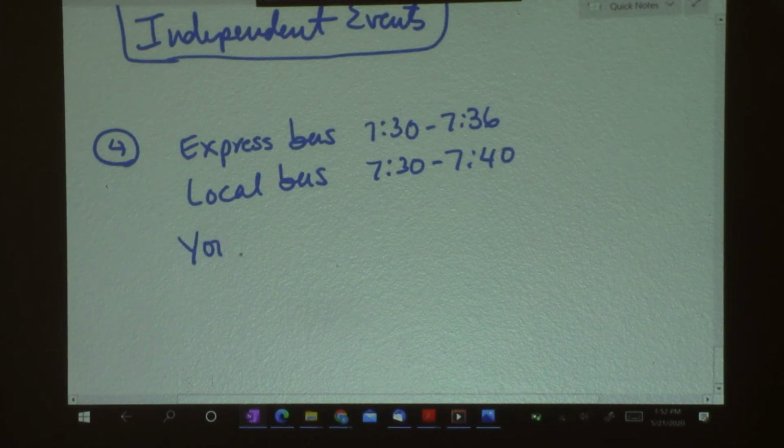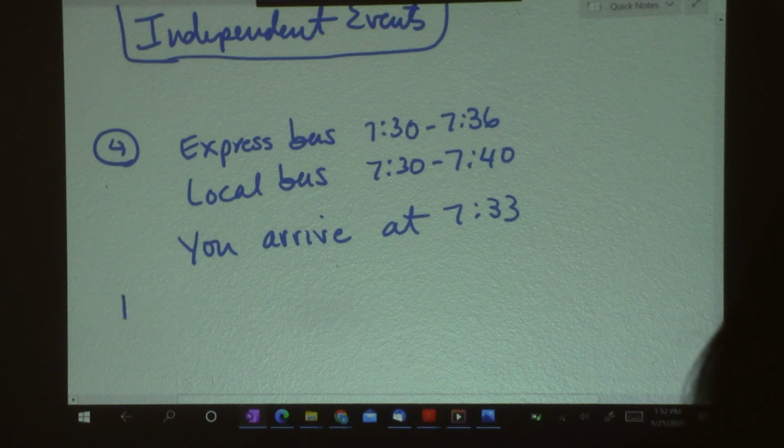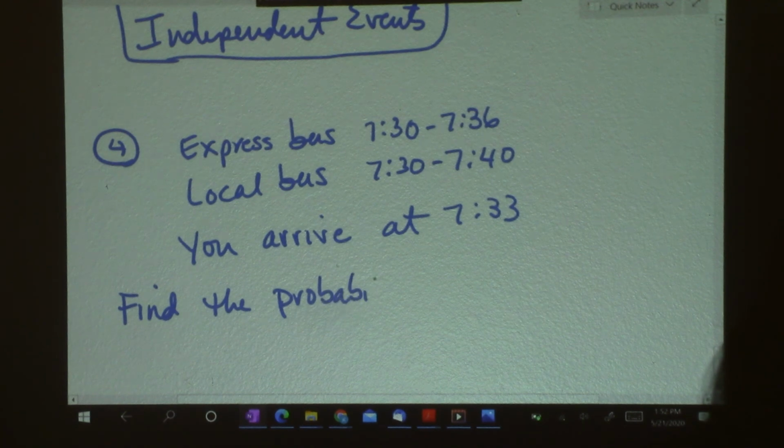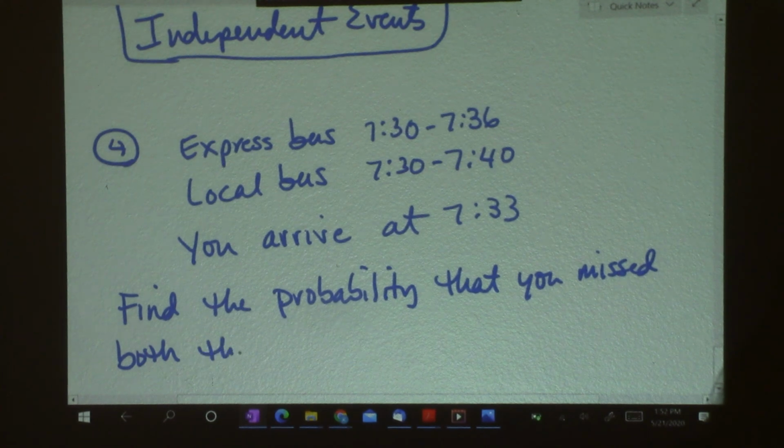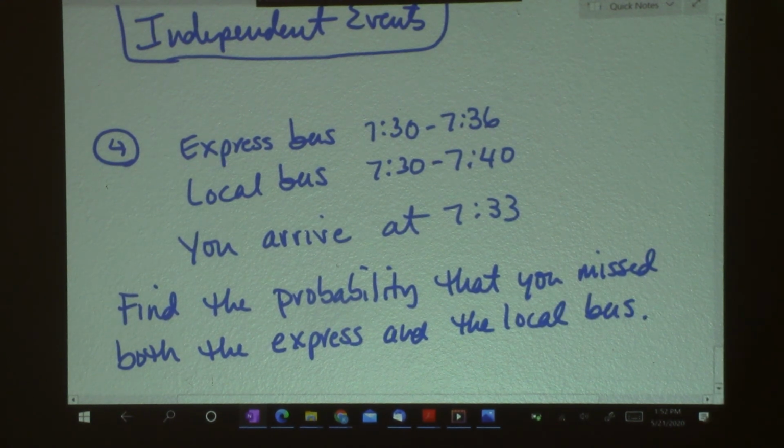You arrive to take the bus at 7:33. Find the probability that you have missed both the express and the local bus. Okay, I'll give you a minute to write that down.